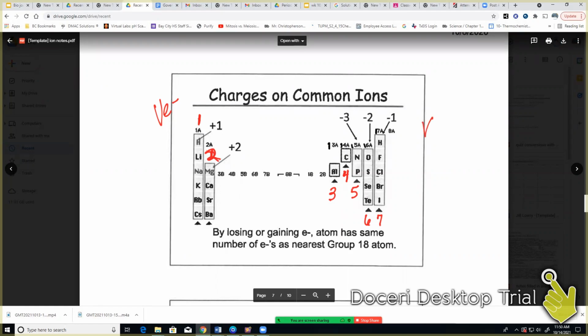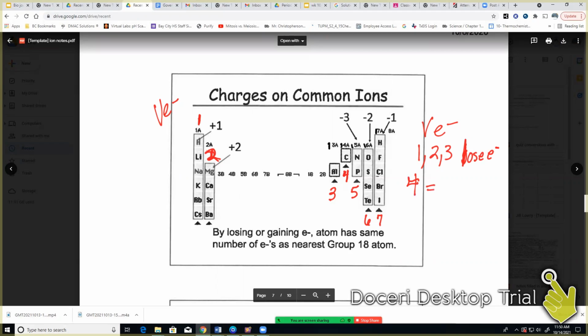The ones that have 1, 2, or 3 valence electrons are going to lose electrons. They are too far away to get to 8. And they are metals, okay? That's our metals. The one that has 4 valence electrons, which is carbon's group, is a little tricky.